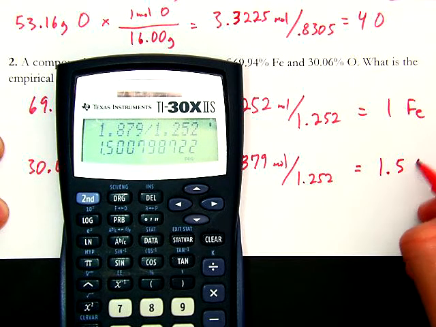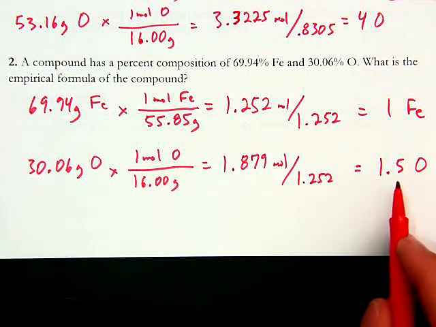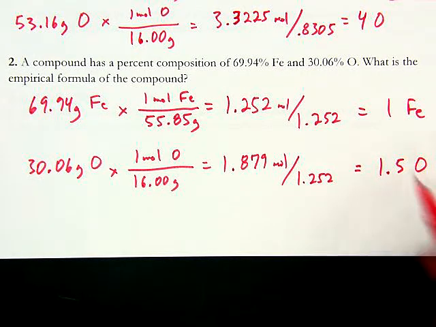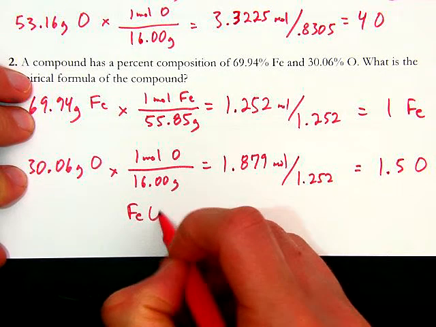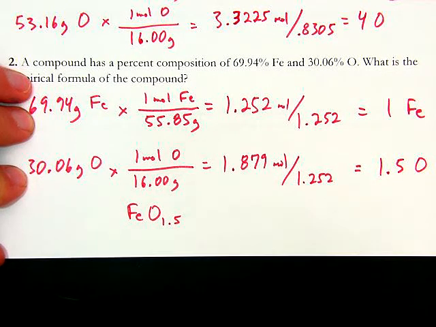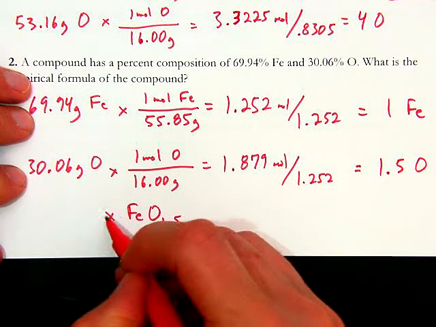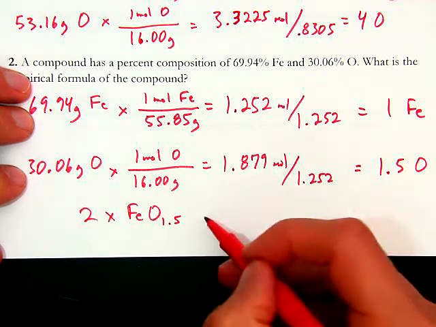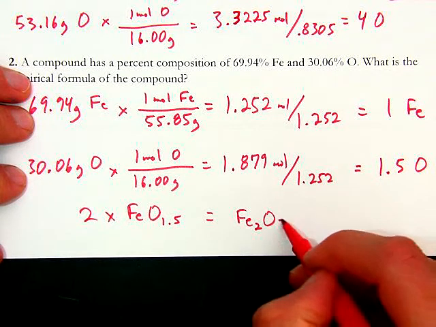This is oxygens. Now, we divided by the smallest one, and look, it gives us 1 iron and 1.5 oxygens. If you get a half, you just take the whole thing. Instead of having FeO1.5, you can turn this into an integer by multiplying the whole thing by 2. If you do that, you get Fe2O3.